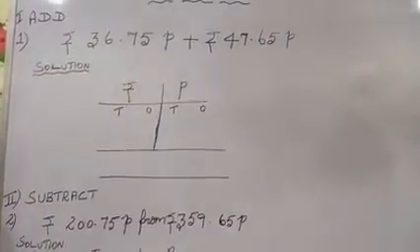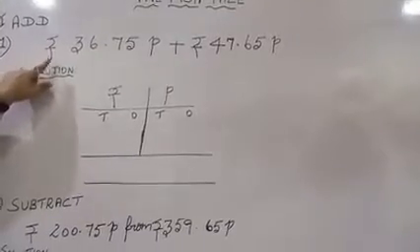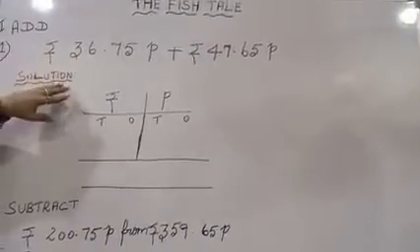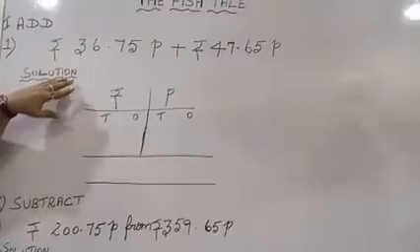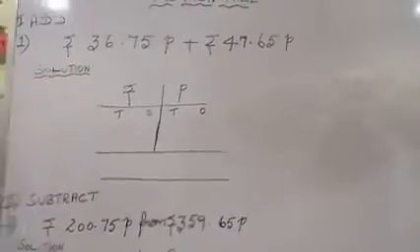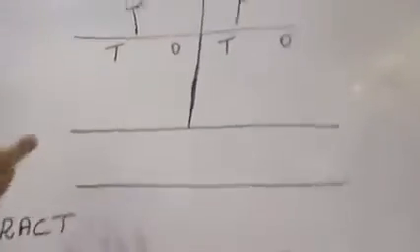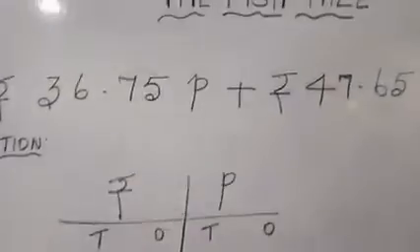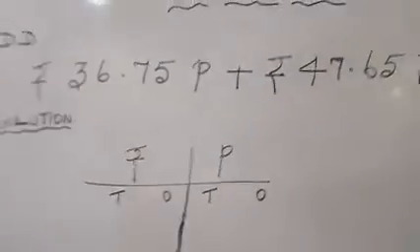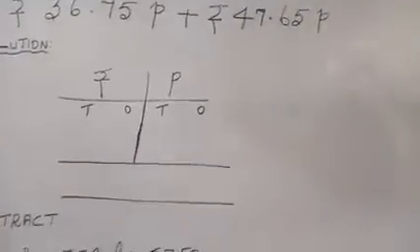Children, our first heading is addition. Add the given problem: rupees 36 and 75 paise added with rupees 47 and 65 paise. First you have to separate the rupees and paise columns. Here I give 2-digit numbers, so I write down ones and tens, as well as the paise ones and tens.